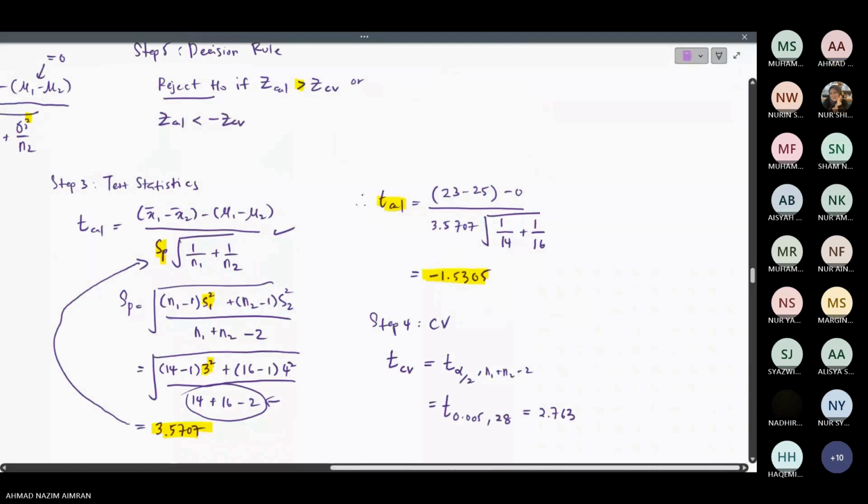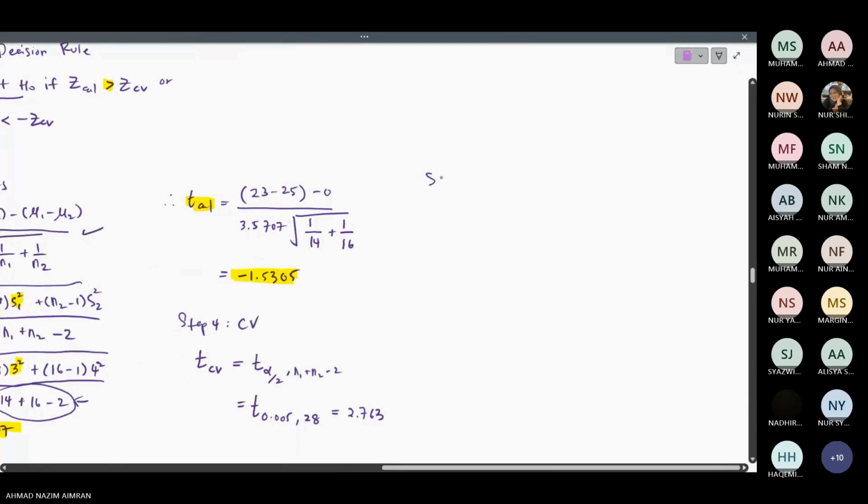Now proceed with step 5. This is the decision rule. Now we use a two-tail test to test the hypothesis.